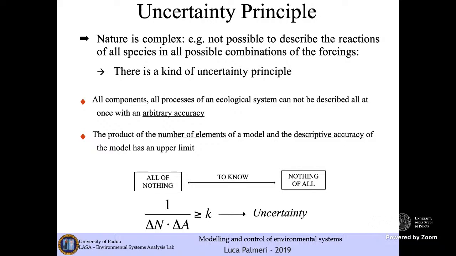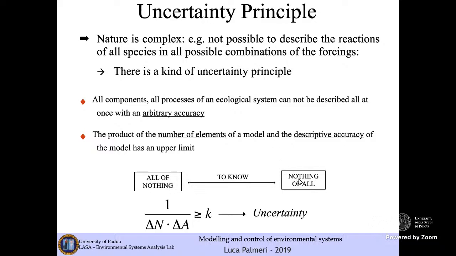All components and processes of an ecological system cannot be described all at once with arbitrary accuracy. This is why we need to find a trade-off in terms of the complexity of our description. The trade-off is between knowing all of nothing and nothing of all.